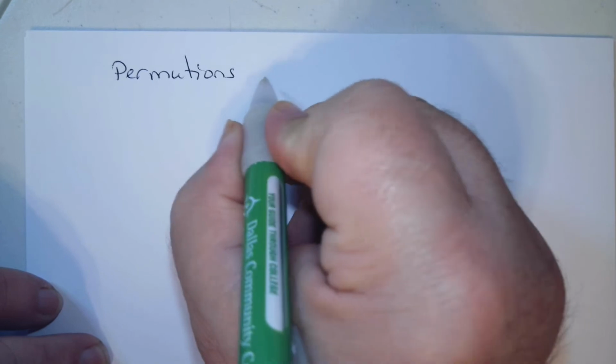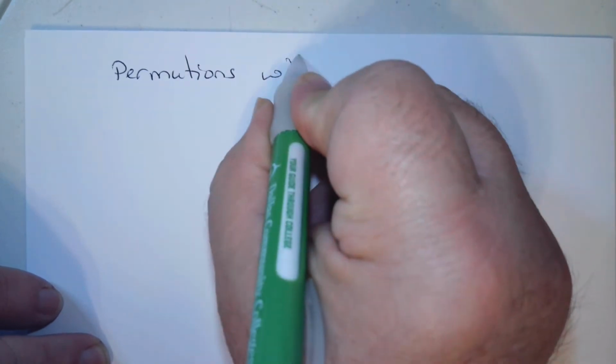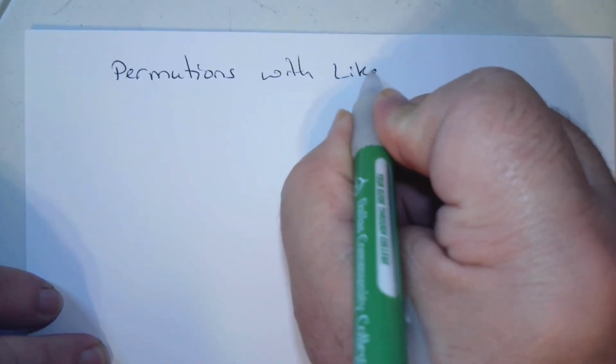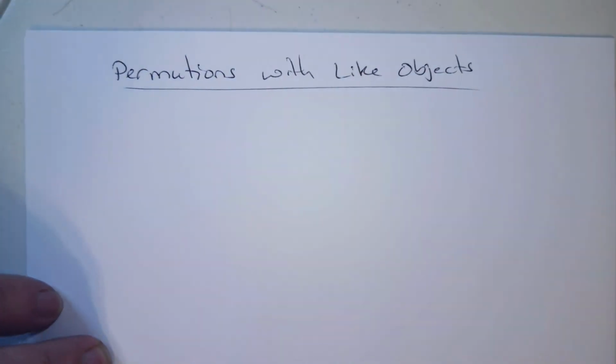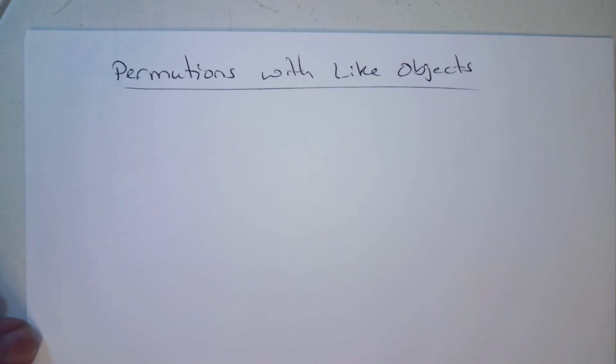So now what happens if we have permutations of like objects?